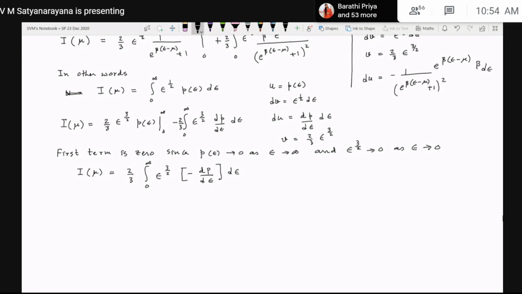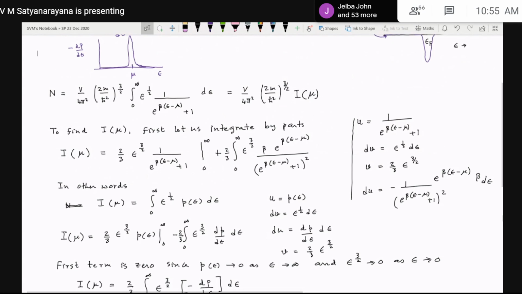So it is sufficient if you just consider a small region around mu to evaluate this integral, because minus dP by d epsilon is 0 very far away from mu on either side, and hence it is sufficient to consider the integral around mu because of the sharply decaying nature of this minus dP by d epsilon on either side of the chemical potential. So this is essentially the crux of the matter.